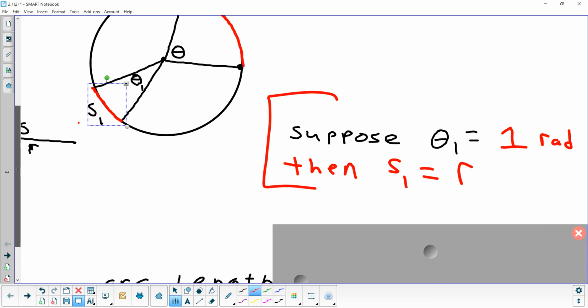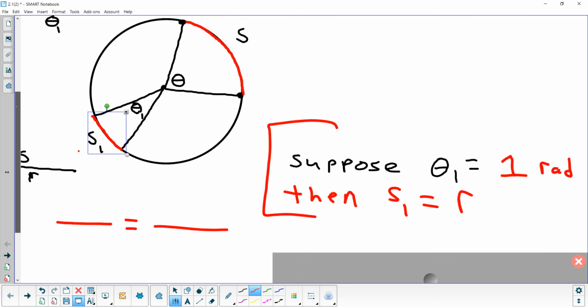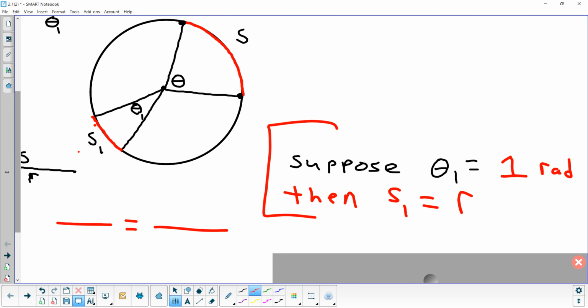So now we just need to set up a proportion. The important thing when you set up a proportion is you do it the same way on each side. So these are the 4 things that are going to go in the 4 spots of my proportion. We have an angle and an arc length, another angle, and another arc length.